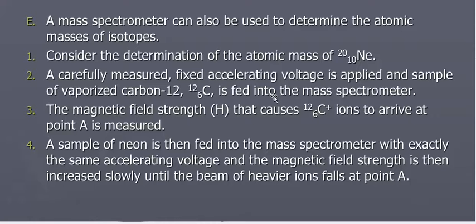I would feed carbon-12 into the mass spec and measure the magnetic field strength that causes the carbon-12 ions to arrive at a specific point A. Then I would feed a sample of neon into the mass spec with the same voltage and increase the magnetic field strength until the beam of the heavier ions falls at point A.